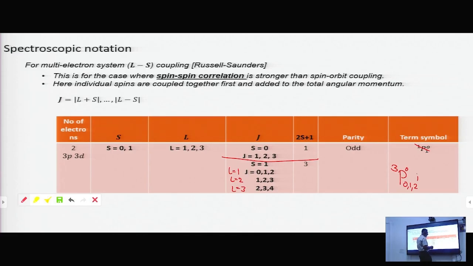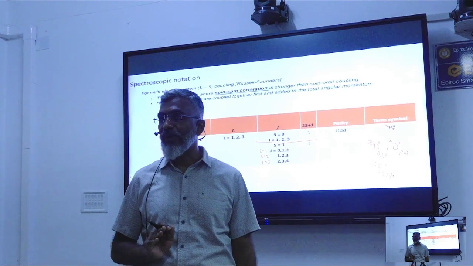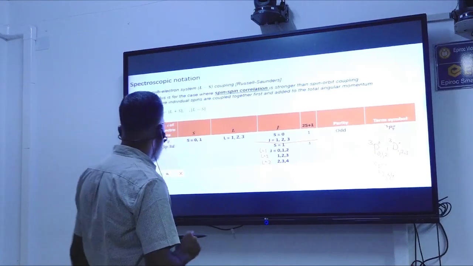And similarly for the other one, it's a triplet and it's 1, 2, 3. And odd parity, and the last one is N equal to 3, that is a triplet, and then it's 2, 3, 4. Okay. Is that clear? You can ask me now. Oh, good. Great.